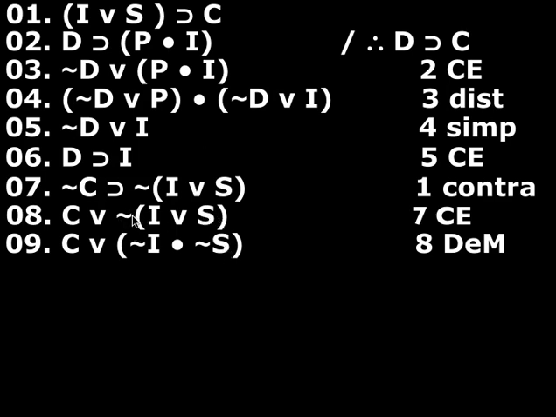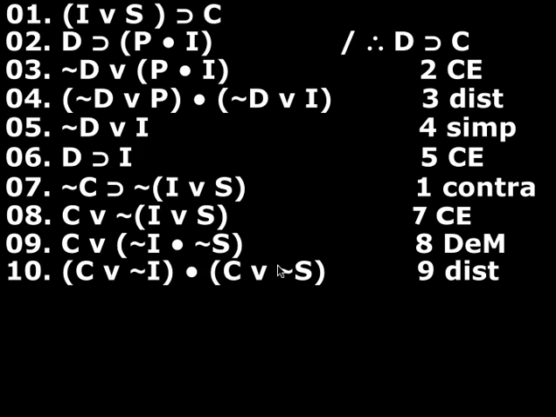This whole disjunction falls off, and all I'm left with is the conjunction. Now I can do the distribution. Just like here where I had a disjunction, second disjunct was a conjunction, same thing here. I have a disjunction, second disjunct is a conjunction. So I do my distribution.